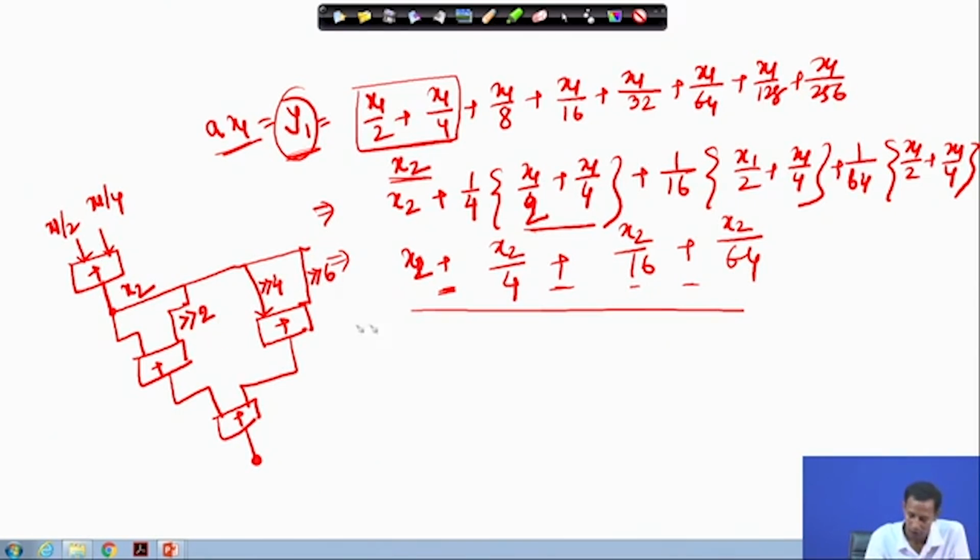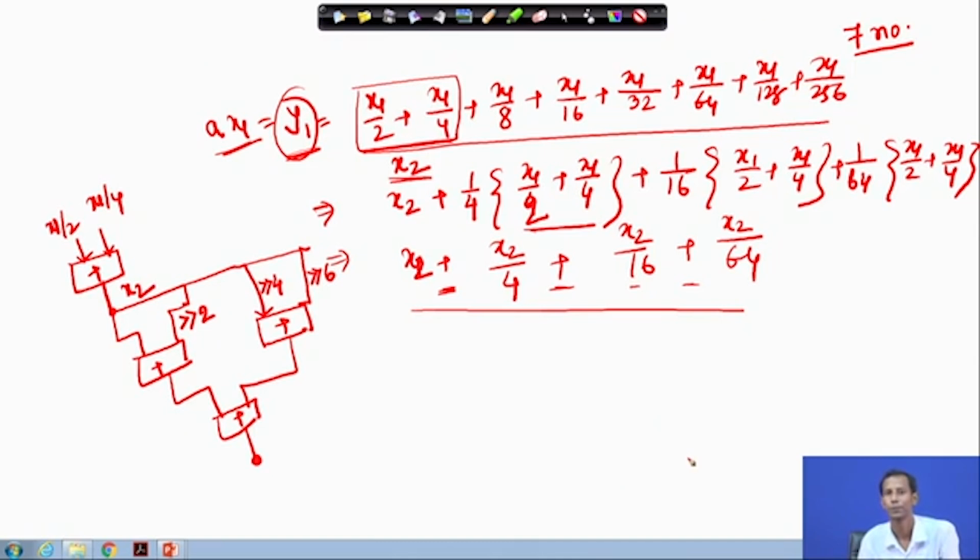That means, now initially if I do not take common, at that time how many addition operations do I require? That is 7 numbers, right. In this particular case, if I take common this x1 by 2 plus x1 by 4 as x2, I take the factor as common.